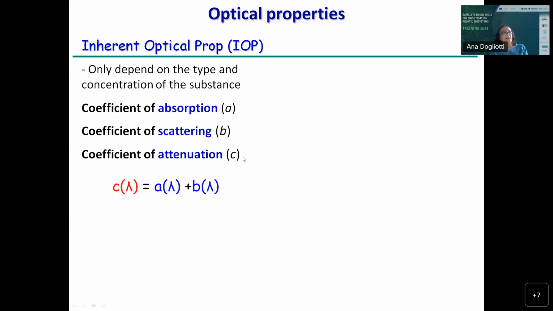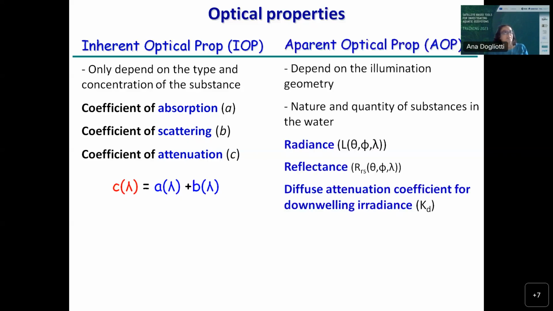Here I added the attenuation, which is the sum of the absorption plus the scattering. So how the light is attenuated is the sum of how much is absorbed plus how much is scattered. The apparent optical properties, in turn, depend not only on the type and concentration of the substance, but also on the illumination geometry.